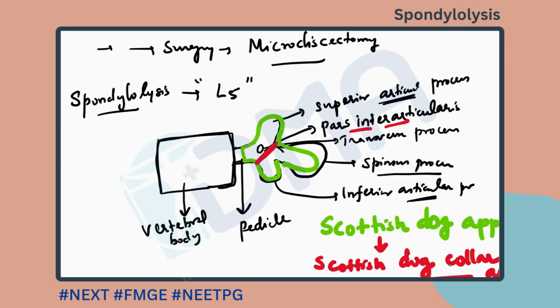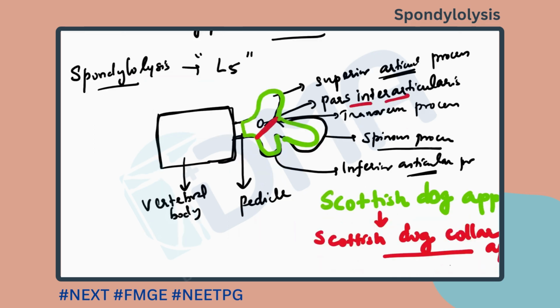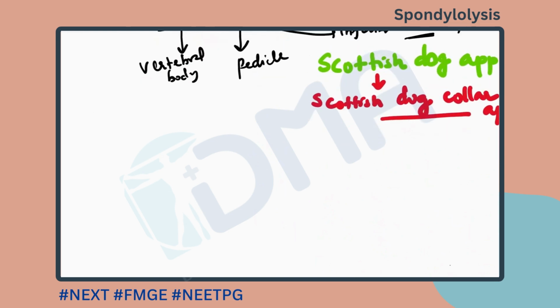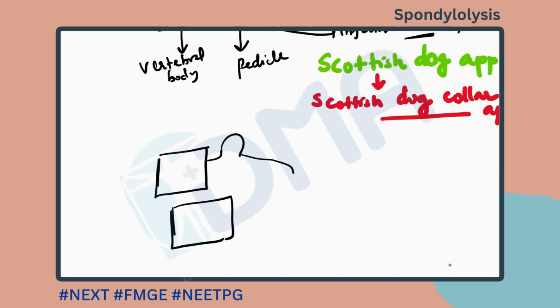So what is called spondylolisthesis? When such a fracture happens, the vertebra slips over another. Here are the superior articular process, inferior articular process, and spinous process.